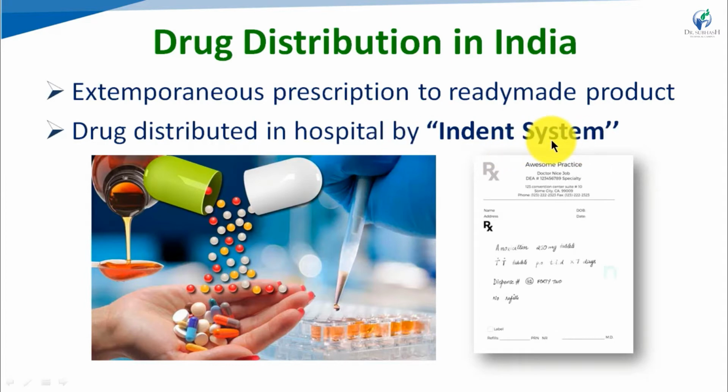That means a written requisition slip from the wards comes to the pharmacist, and on the basis of that we transfer our product to the nursing station or directly to the patient. In case of outpatient, there will be an indent like this. This is known as a requisition slip, and on the basis of this we directly distribute our product.